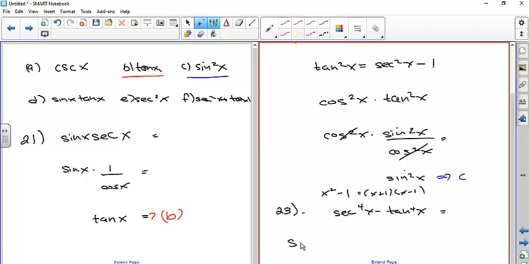So it would be secant squared x plus tangent squared x times secant squared x minus tangent squared x. If you multiply the first together, you get secant to the fourth. The inner and the outer cancel out because one's plus secant squared tangent squared, the other one's minus secant squared tangent squared. And if you multiply the last together, you get negative tangent to the fourth. So that looks pretty good.